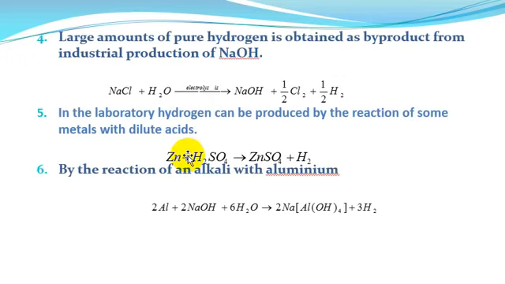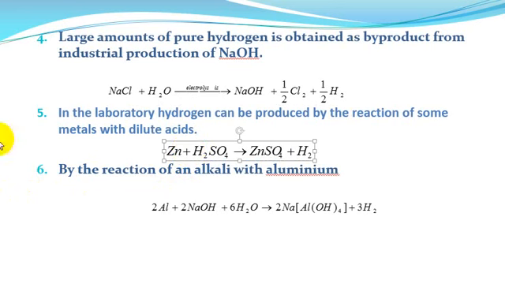Large amounts of pure hydrogen can be obtained from industrial production of sodium hydroxide. Here it is a byproduct, one of the products, as well as chlorine.